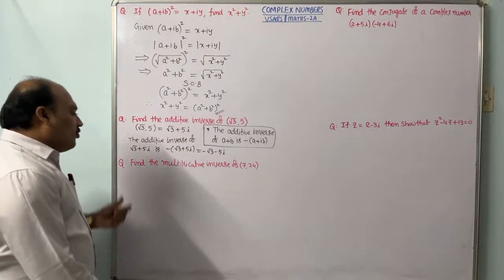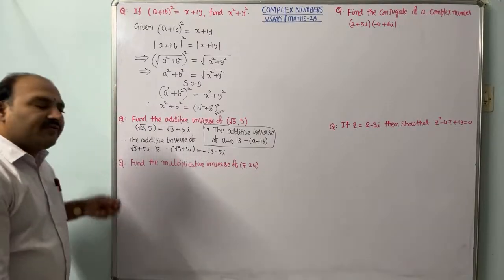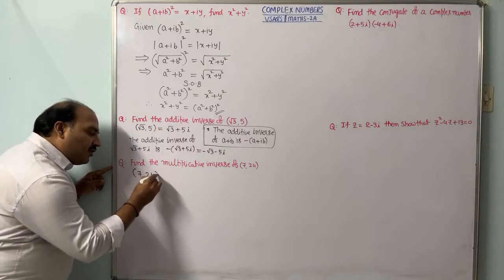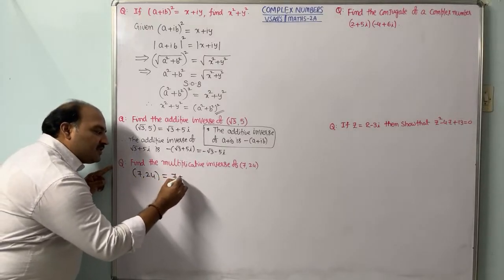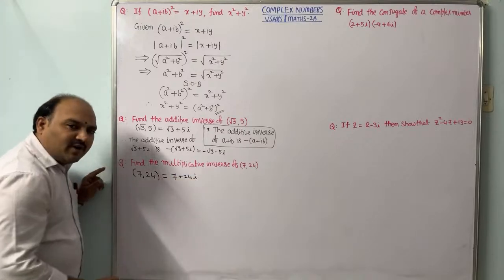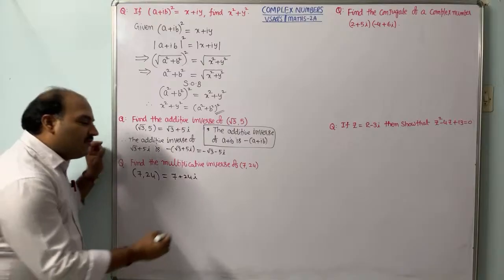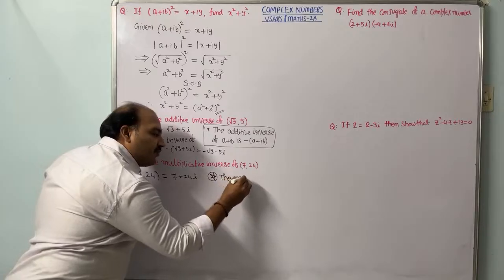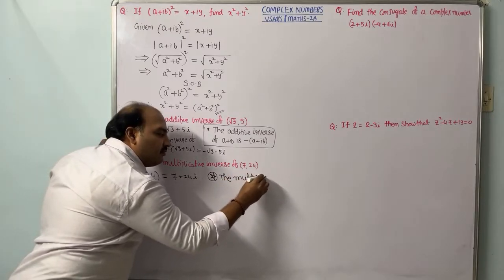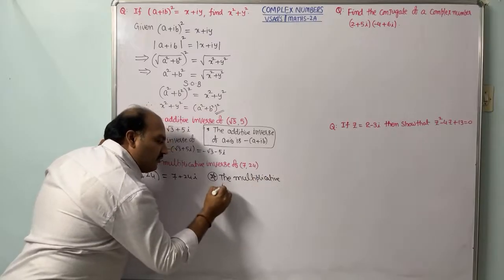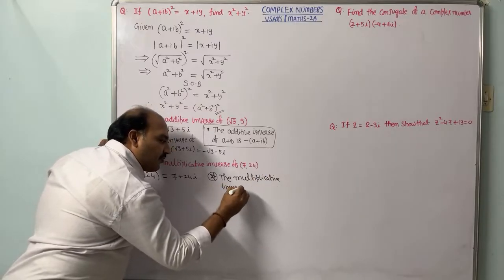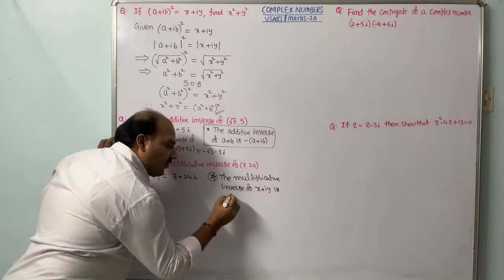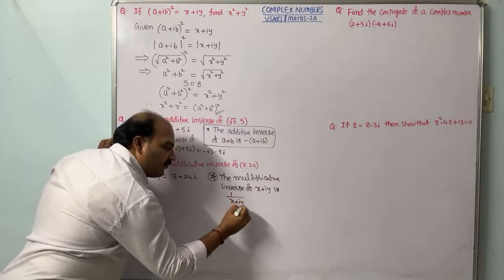Next question, find the multiplicative inverse of (7, 24). Again the given complex number is in Cartesian form. We will write it in complex form as 7 plus 24i. This is the given complex number. The multiplicative inverse of x plus iy is 1 by (x plus iy).